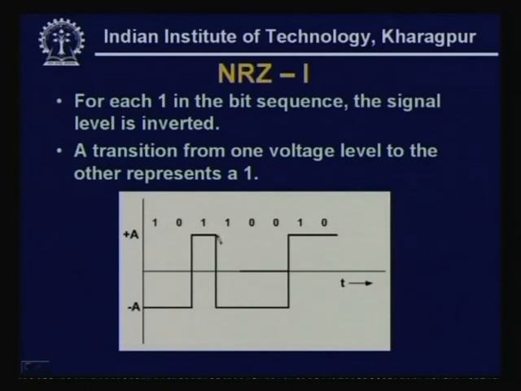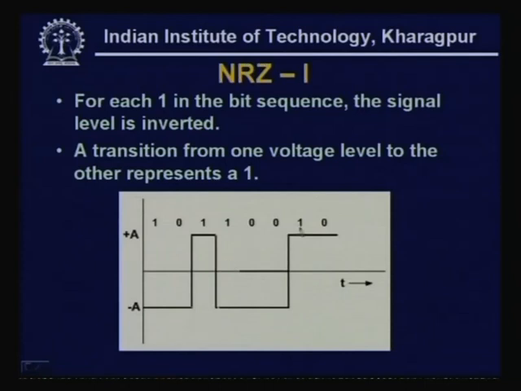So, in this boundary again it is making a transition from plus A to minus A. Here there are two zeros, so there is no transition. So, whenever a 1 is encountered, the signal is inverted from the previous signal level. Here it was inverted from minus A to plus A, here it was inverted from plus A to minus A because of the presence of this one. Again another one is encountered here, here it is inverted from minus A to plus A.